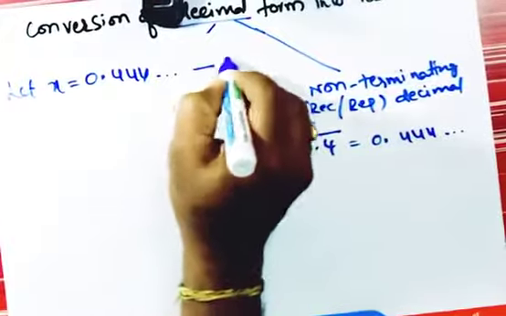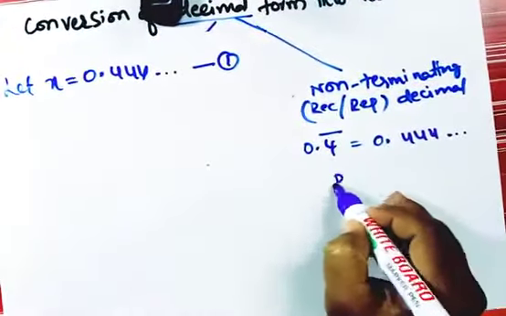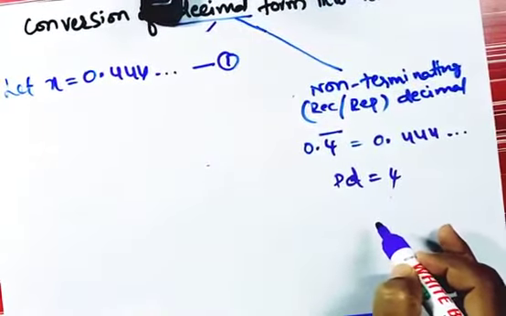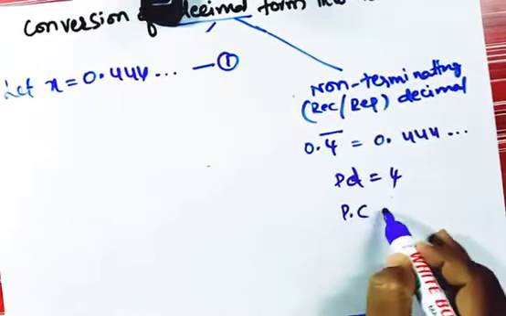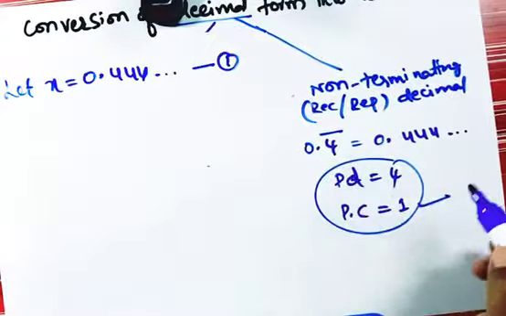You should take it as the first expression. What is the periodicity here? The period is 4, the number of digits under the bar. Periodicity is 1, because only one 4 is repeated continuously.